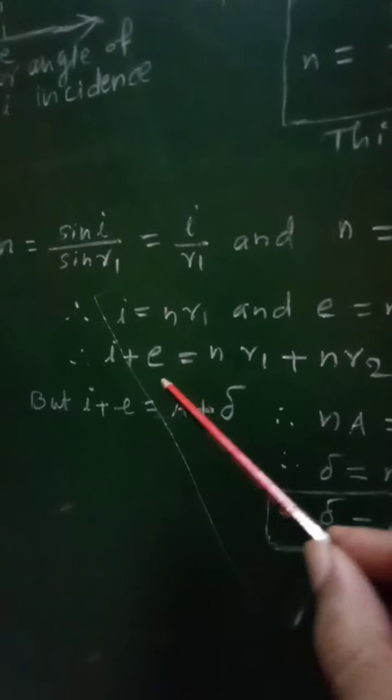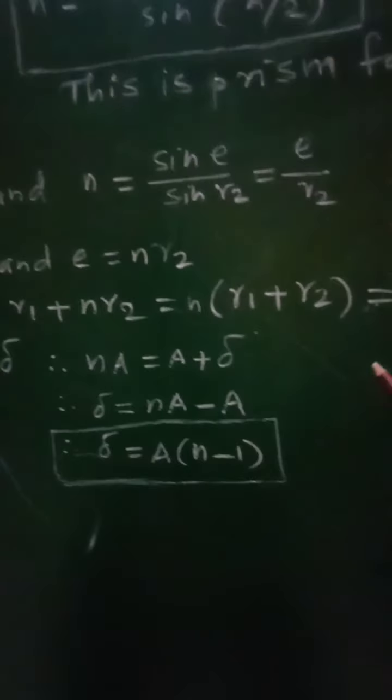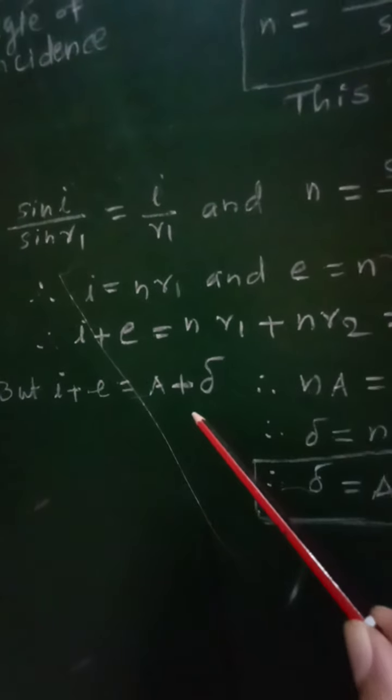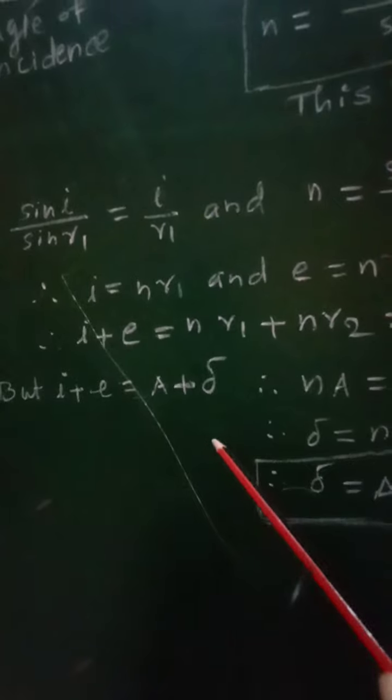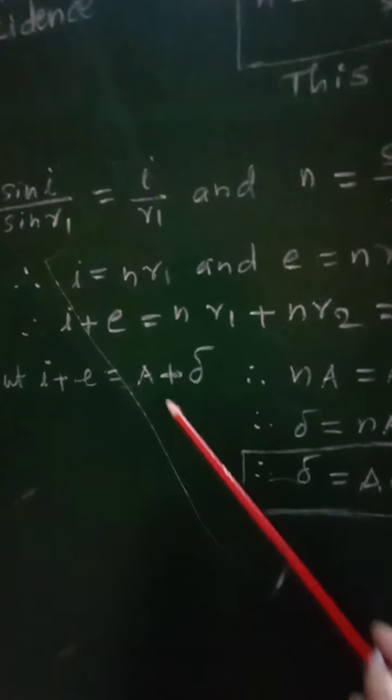So the value of I plus E is equal to nA. If we put these values in the fourth relation, that is, I plus E equal to A plus delta as per equation number 4, then nA is equal to A plus delta.